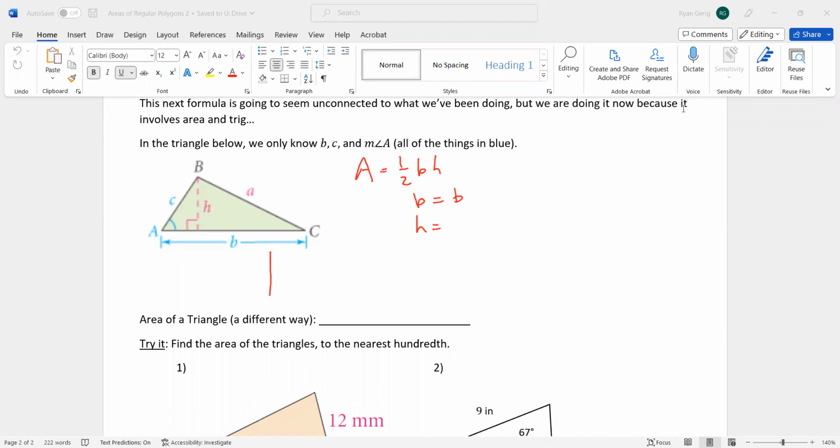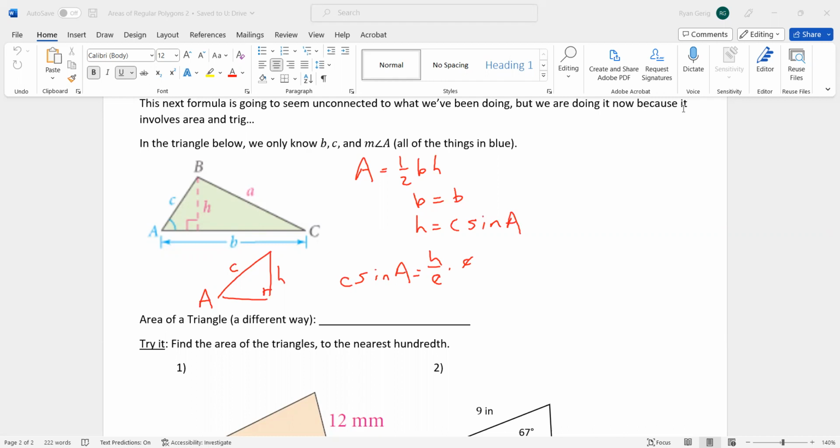Well, if I look at that triangle there on the left with H here, C here, and this is angle A, H is opposite, C is the hypotenuse. So I could say that the sine of A equals H over C. If I multiply both sides by C, I get C sine A equals H. So H equals C sine A.